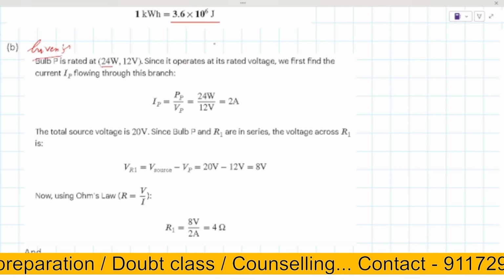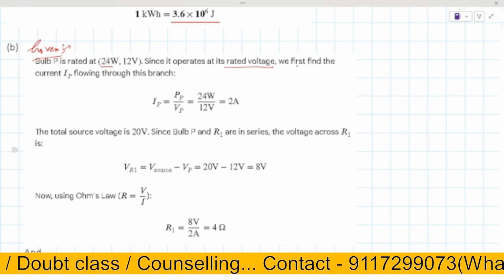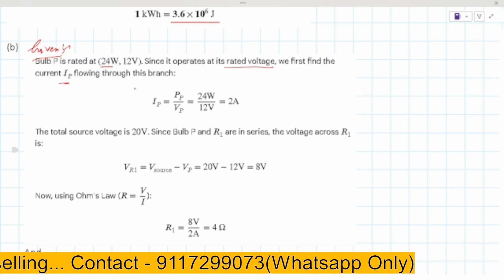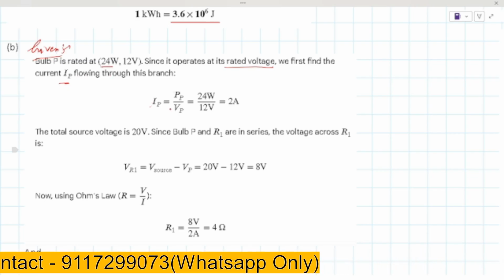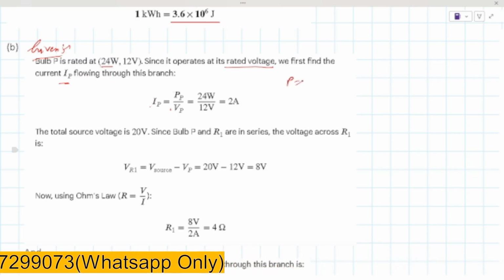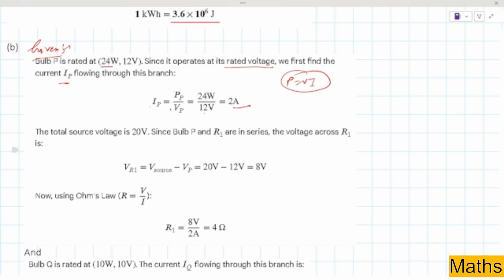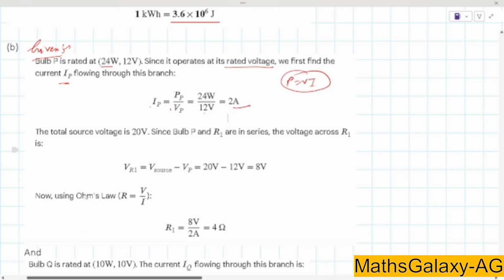Since it is operated at its rated value, first find the current. I equals P by V, so it will be 24 watt by 12 volt, that is 2 ampere.